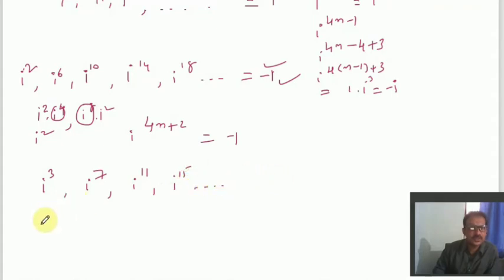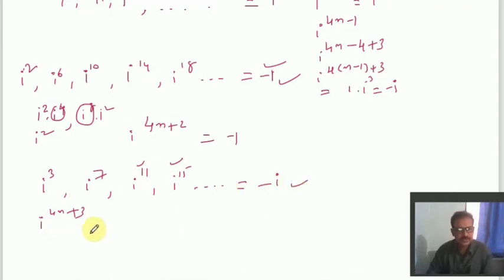These are in the form of i power 4n plus 3, and they are always equal to minus i.